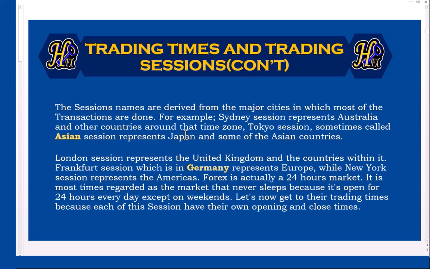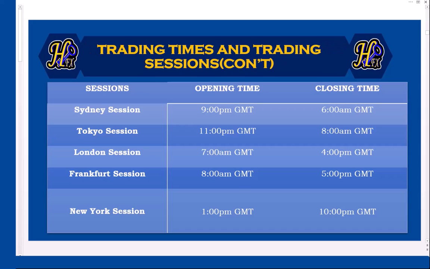So let's now get to their trading times, because each of these sessions have their own opening and closing times, as I stated earlier. So now this is the closing and then the opening times of each of the trading sessions. So the Sydney session opens at 9 o'clock p.m. GMT and closes at 6 a.m. GMT.